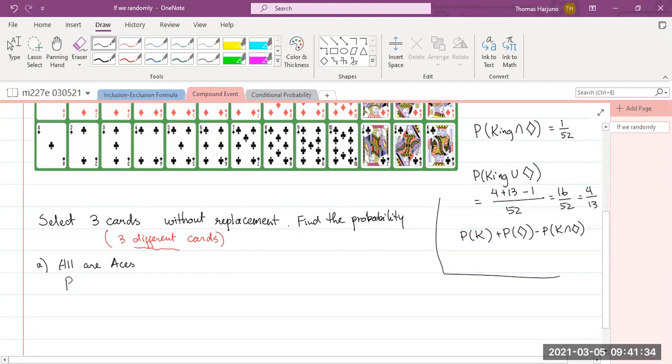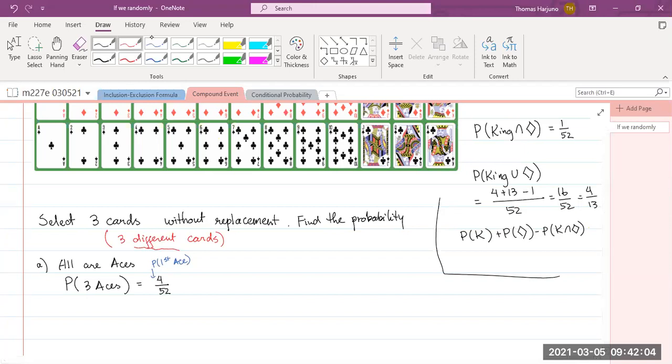Even though we select 3 cards, we can see the selection as being done one by one. So the probability of 3 aces: what is the probability the first one is an ace? That will be 4 out of 52. Then, after you get that one card, you set it aside, you don't put it back to the deck, it's without replacement.